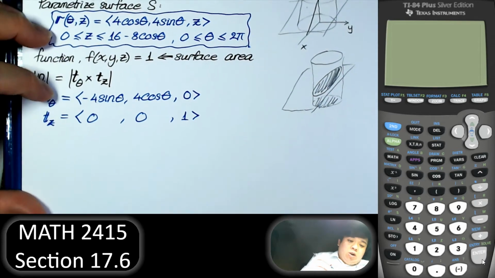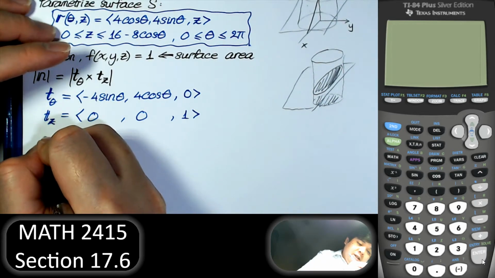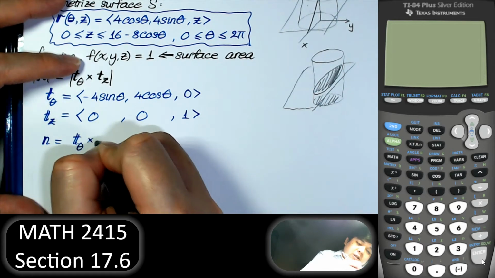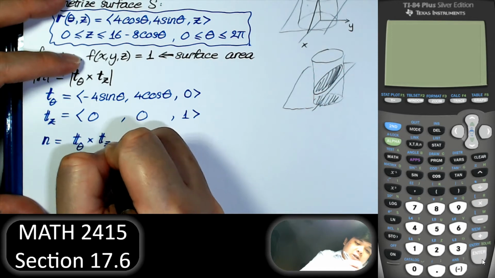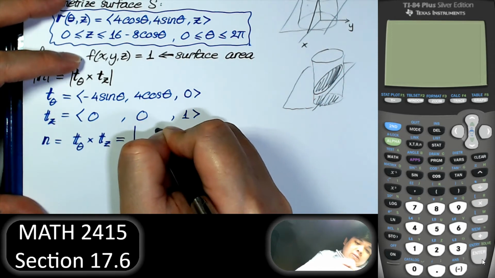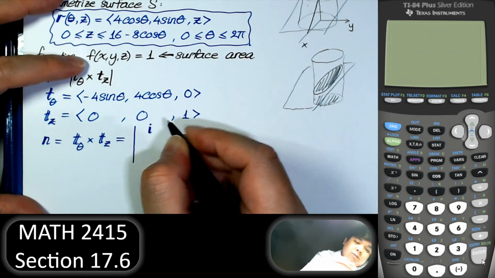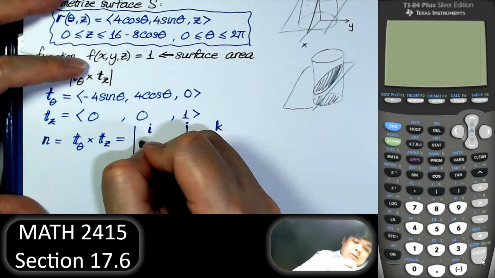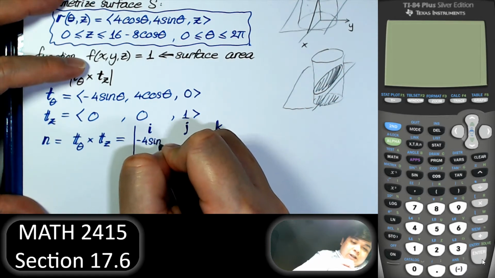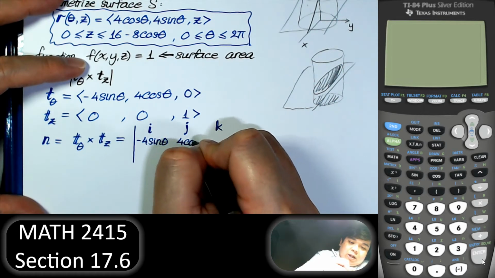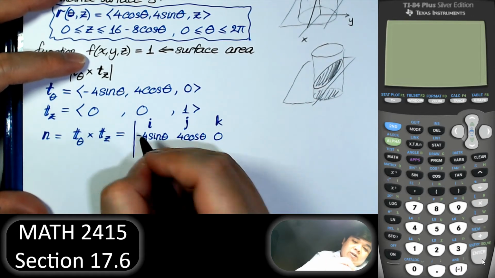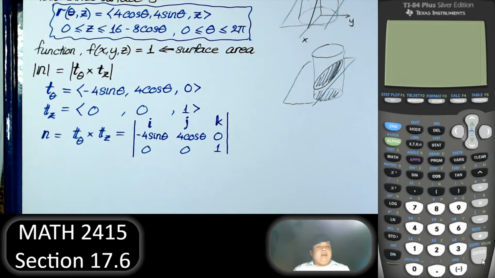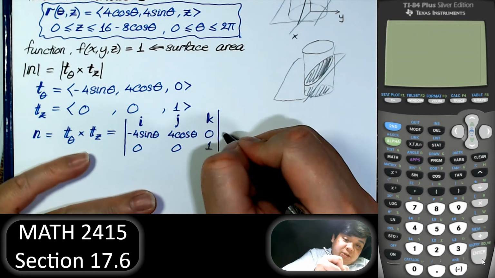Now let's do the cross product. Negative 4 sine theta, 4 cosine theta, 0, and 0, 0, 1. This is very simple.